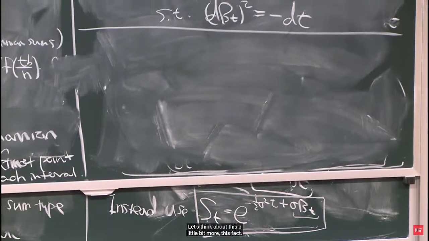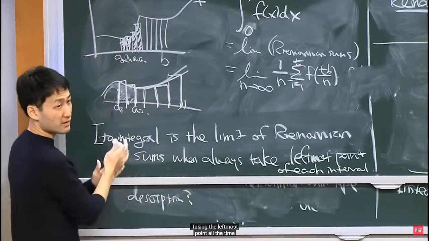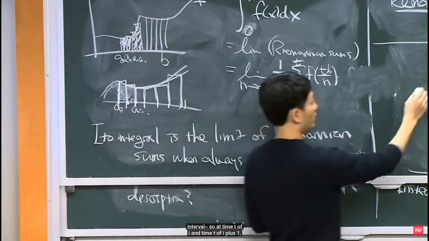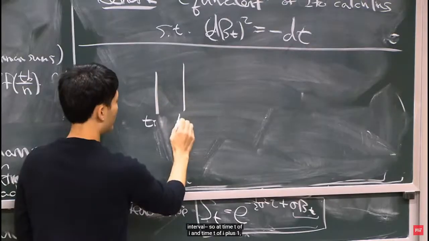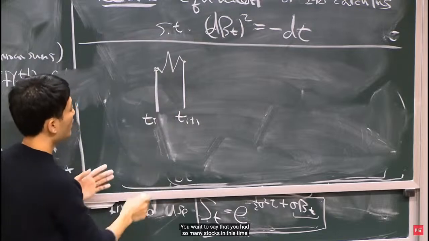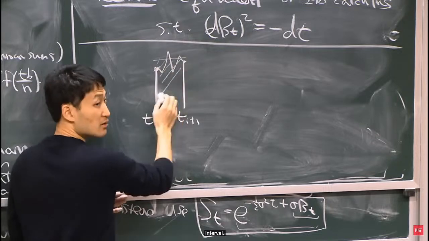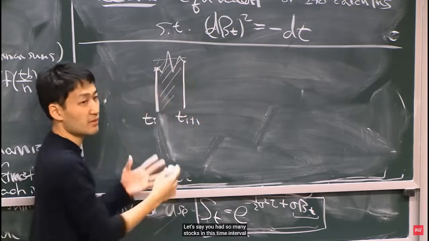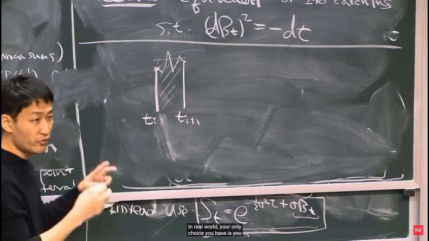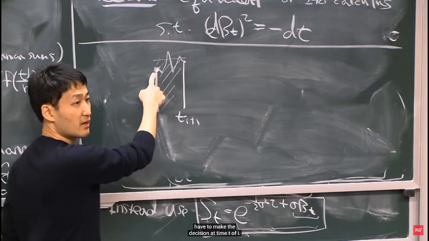So let's think about this fact a little more. Taking the leftmost point all the time means, if you want to make a decision for your time interval, between time t_i and time t_{i+1}, let's say it's the stock price, you want to say you had so many stocks in this interval. In the real world, your only choice is to make the decision at time t_i.